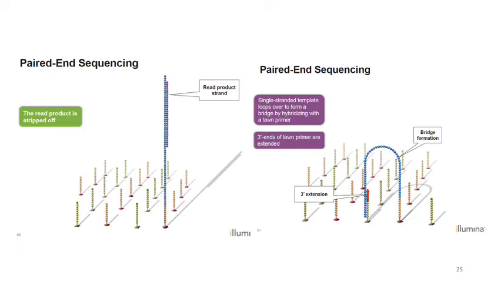Next, the 3' end of the attached single strand of DNA hybridizes to the flow cell via the adapter at the 3' end. The 3' end of the flow cell oligo that it is attached to serves as a primer for DNA synthesis of the complementary strand. This is shown on the right-hand side of the slide.